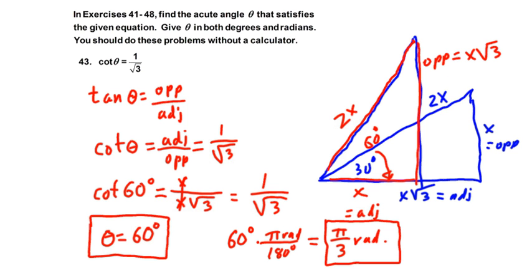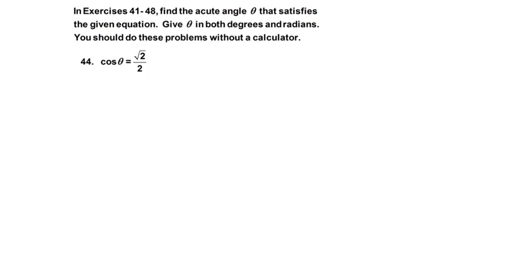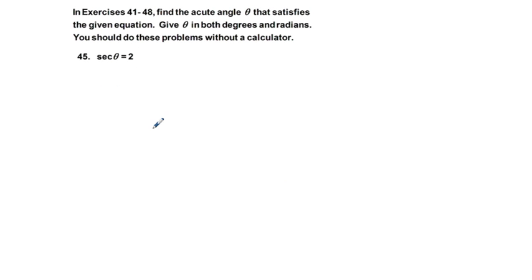Next, on problem 45, we have the secant of theta equals 2. Well, secant of theta is equal to 1 over cosine theta.